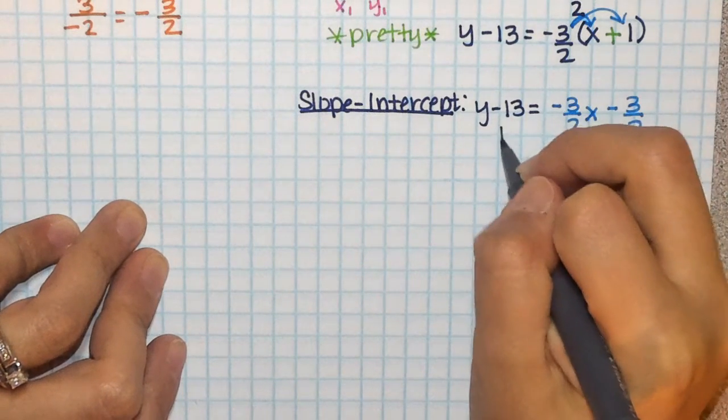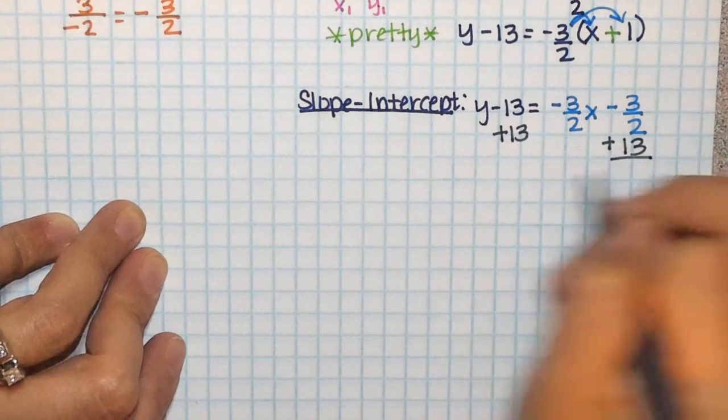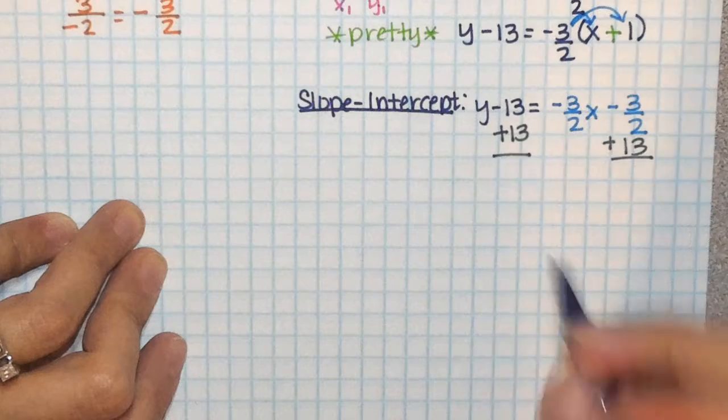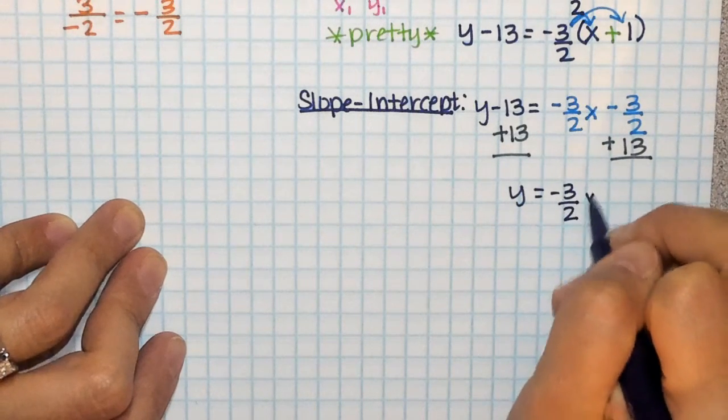Next, we are going to add 13 to both sides. So we have y equals -3/2 x.